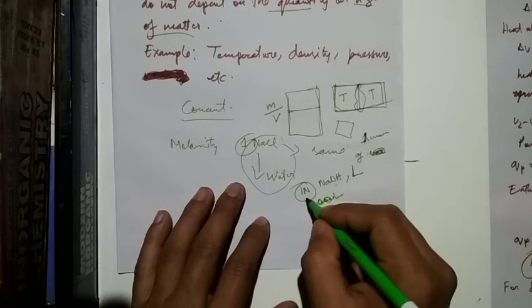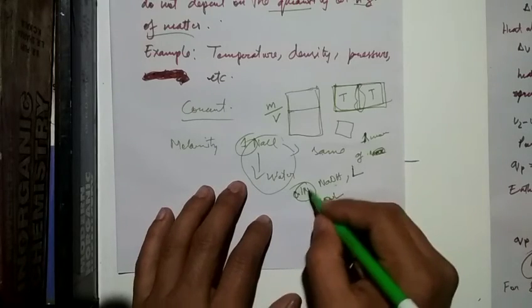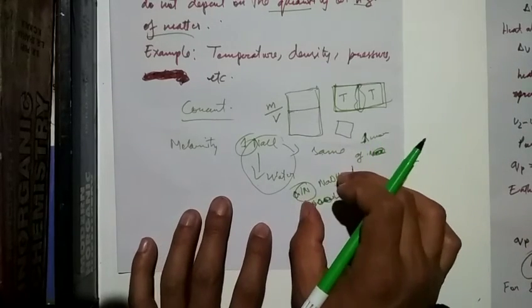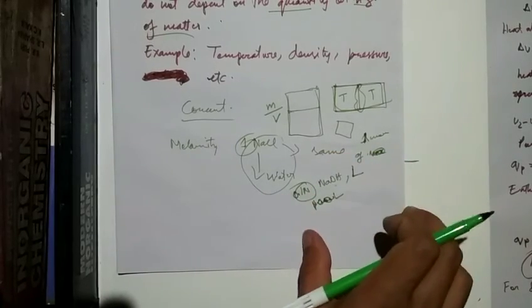Or 0.1 normal, if we take 100 ml also, it will remain 0.1 normal, and that means it does not depend on the quantity or size.